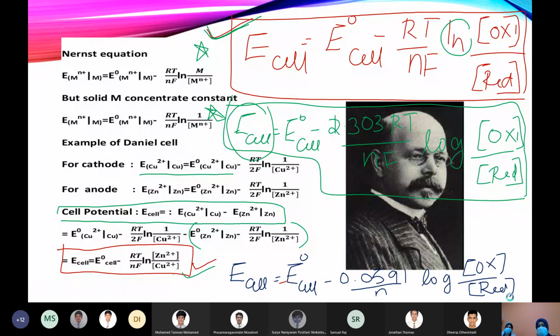This is the easiest form of cell potential.